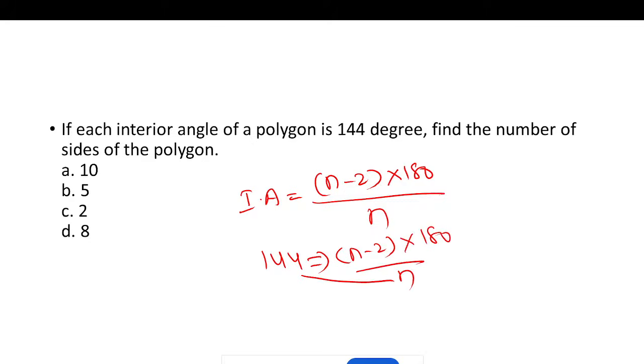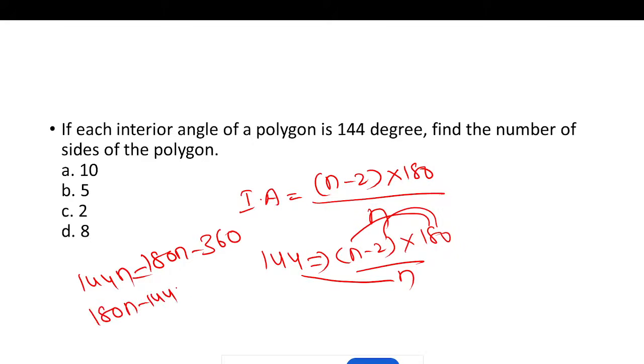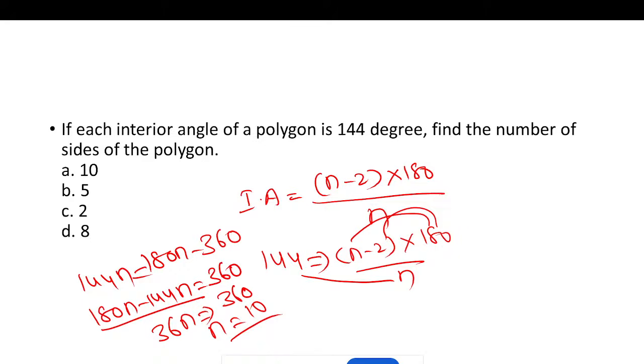Cross multiply: 144 n is equal to 180 n minus 360. Bringing it across, 180 n minus 144 n is equal to 360. 180 minus 144 is 36, so 36 n is equal to 360. So n is equal to 10. Number of sides is 10.